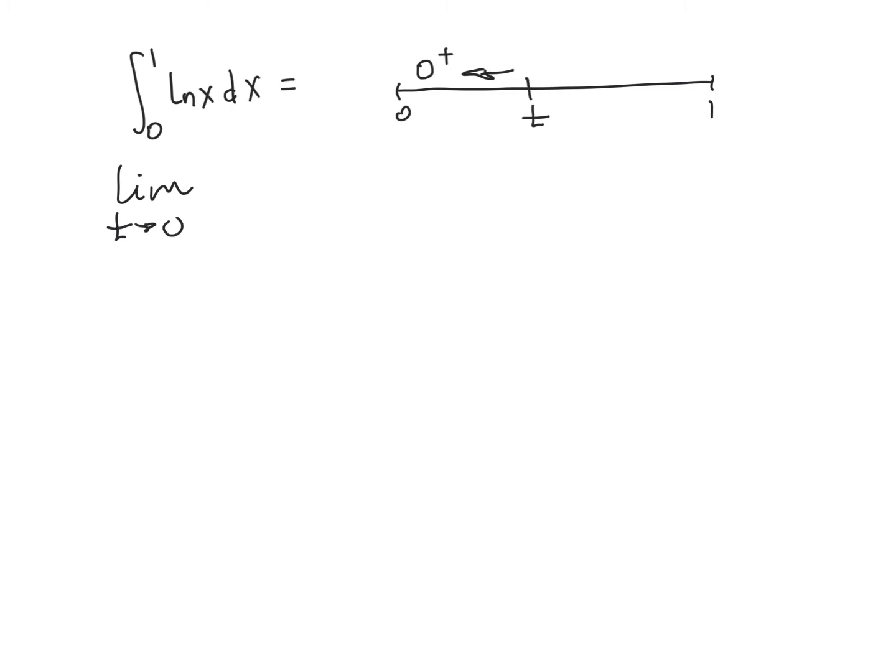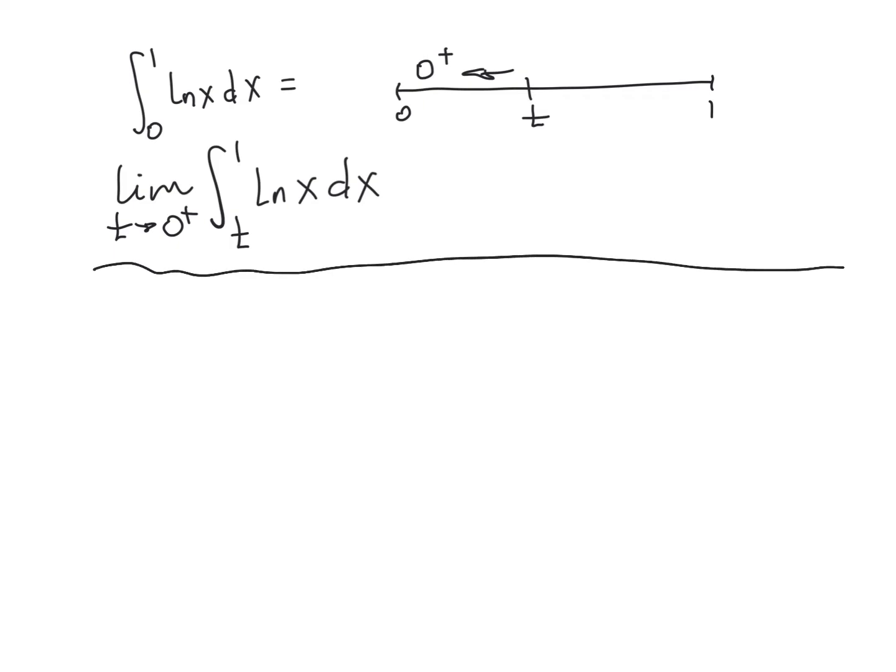And as t approaches 0 from the right, the limit will be equal to the improper integral from 0 to 1 of natural log of x. So the integral from 0 to 1 of natural log of x dx is defined as the limit as t approaches 0 from the right of integrals from t to 1 of natural log of x dx.